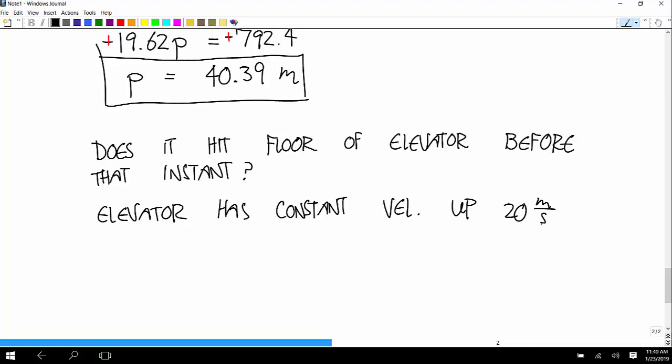Then what's the acceleration of the floor of the elevator? Zero. That's right. So constant velocity means the exact same thing as zero acceleration, because acceleration is how quickly velocity is changing.